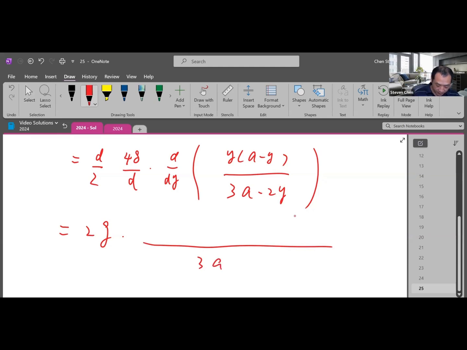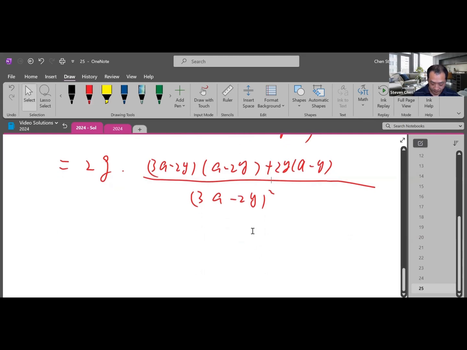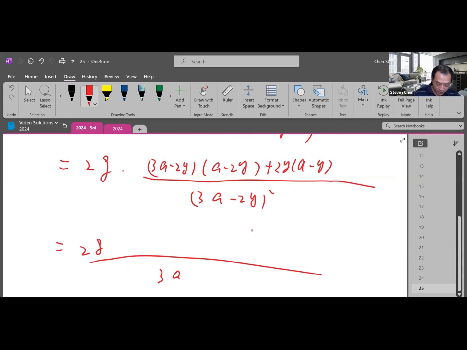So it is equal to this one, times the derivative of the numerator, which is a minus 2y, minus times the derivative of the denominator, which is equal to negative 2. Okay. So now let's reorganize the numerator and see what it looks like.